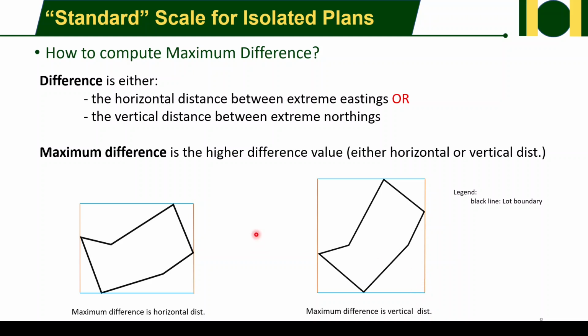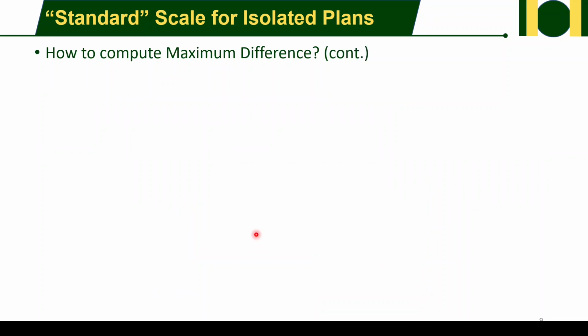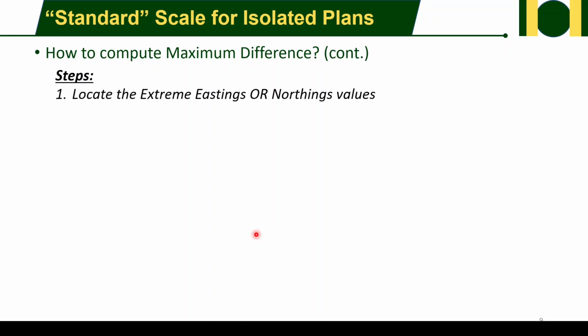So how are you going to compute the maximum difference? First, you have to locate the extreme eastings and northings values. For example, this is the property. We have these vertices, which we refer to as corners of the property.